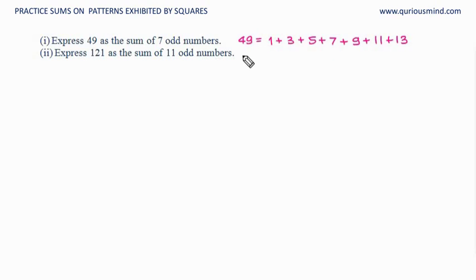And here, 121. We know 121 is the square of 11, and 11 odd numbers. So they have to be from 1. And so these are the 11 odd numbers which will sum up to 121.